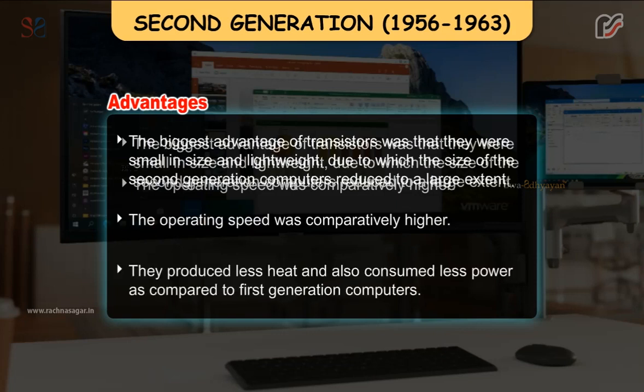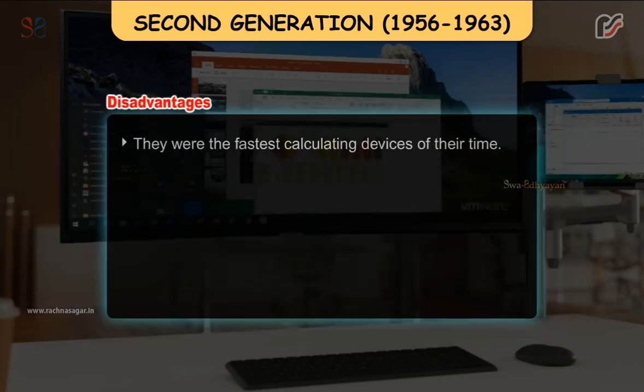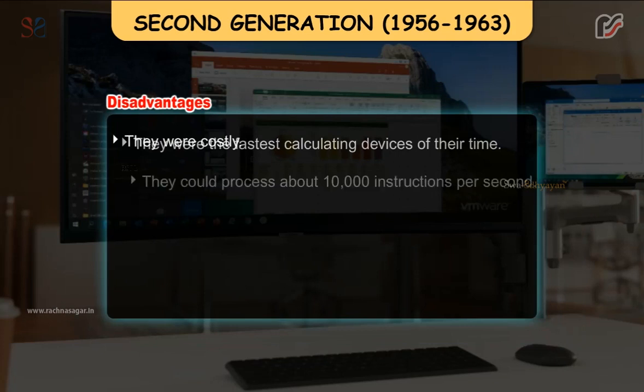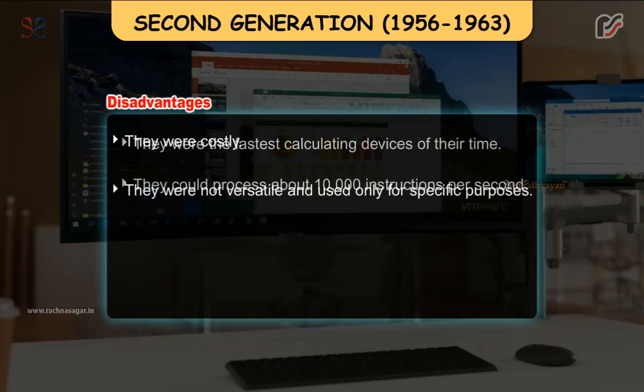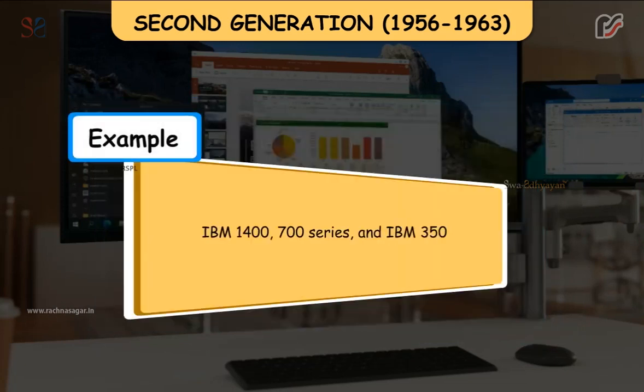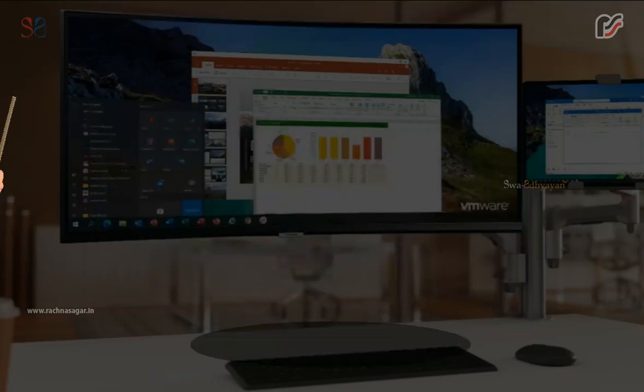They produced less heat and also consumed less power as compared to the first generation computers. Disadvantages. They were costly, they were not versatile, and were used only for specific purposes. Example: IBM 1400, 700 series, and IBM 350.